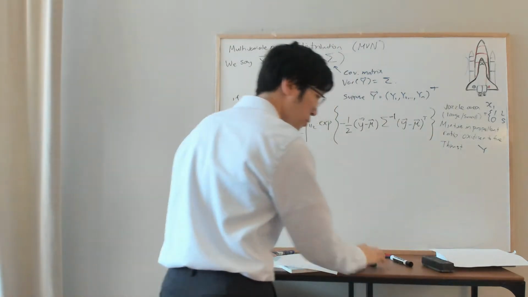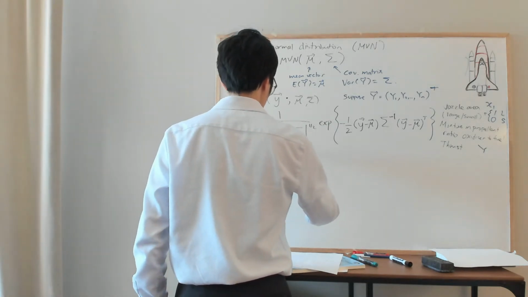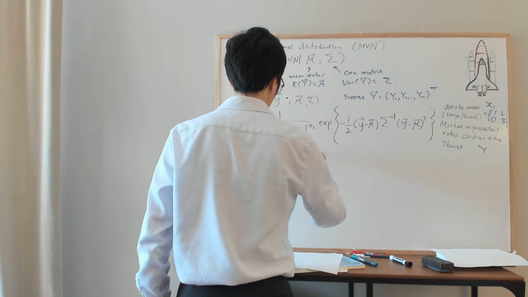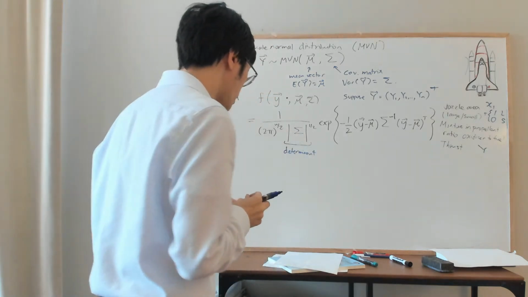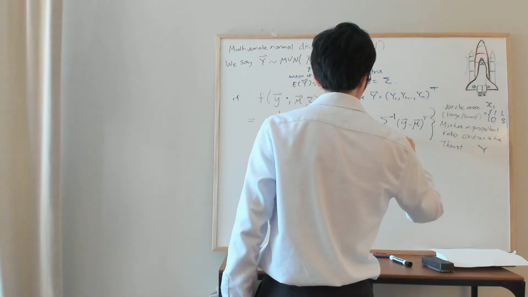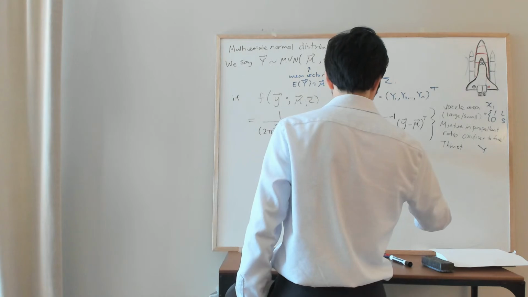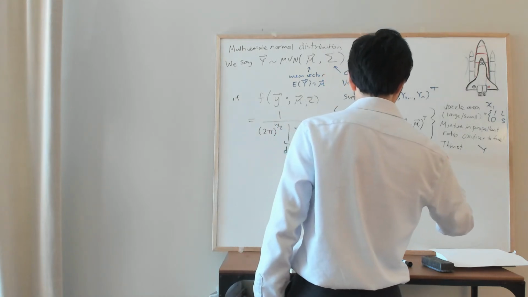So you don't miss it, let me reiterate: this thing is talking about the determinant. And here, this is the inverse of the covariance matrix.